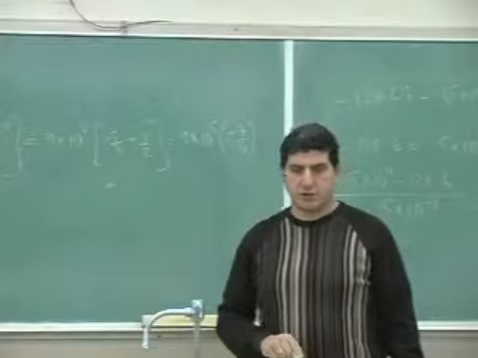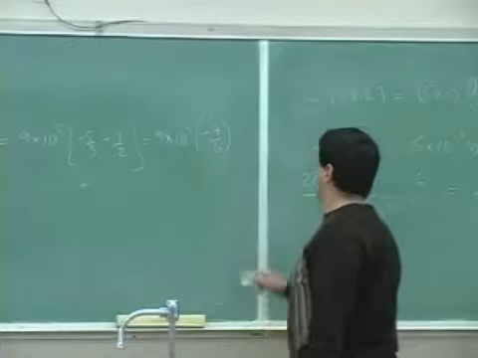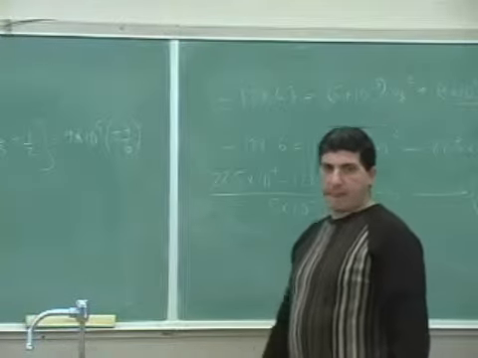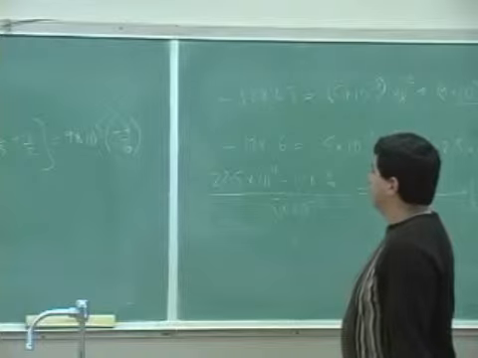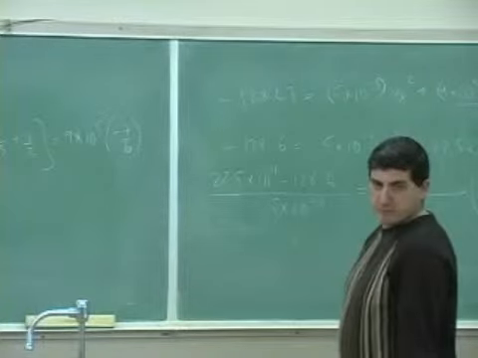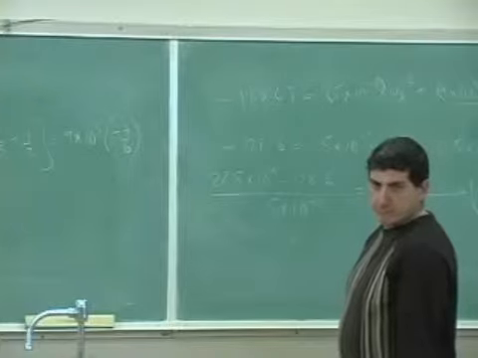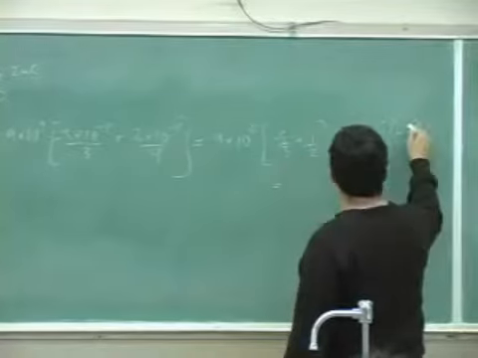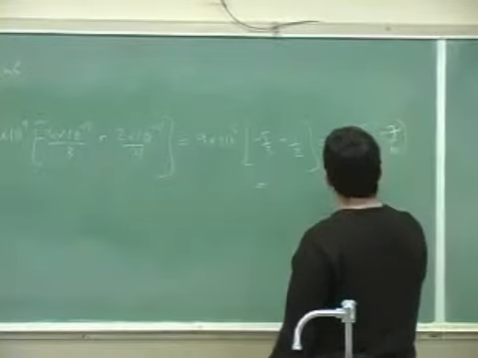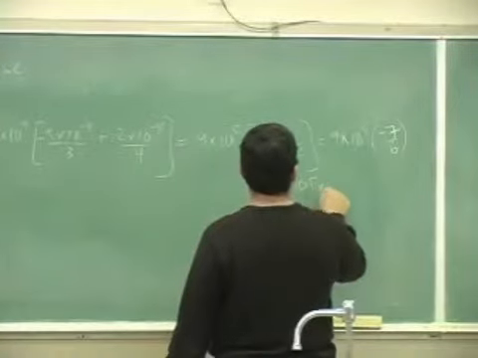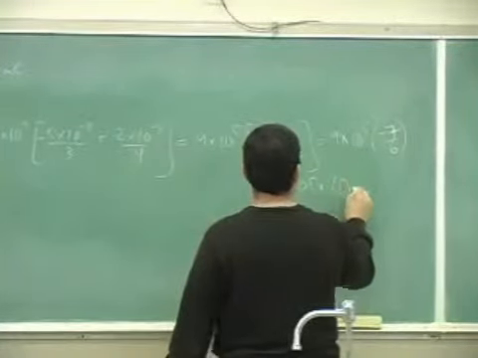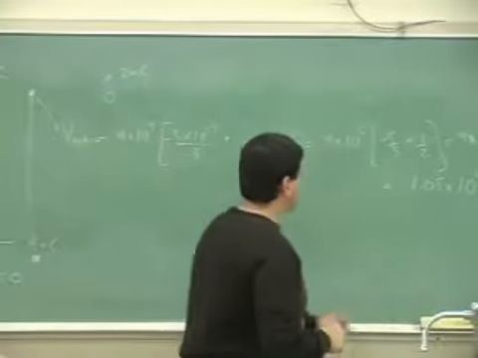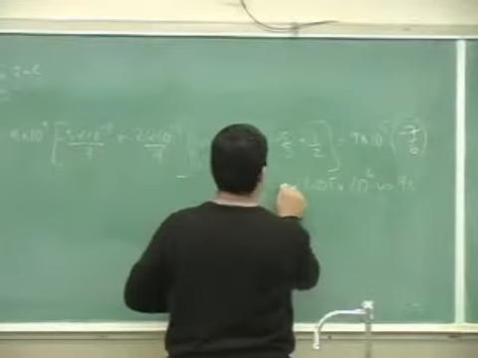So do that. Tell me what you get. Yeah, it should be. Negative 10 plus 3 is 7. Over 6, and it's negative, right?